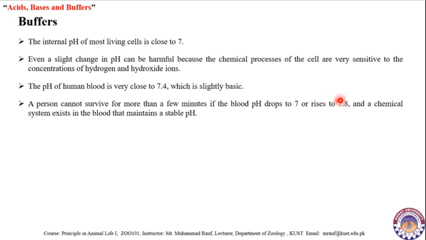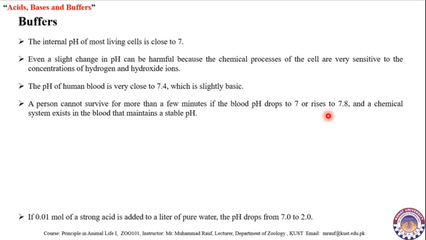So there is a very narrow range. If deterioration occurs beyond this range, then the cell or the organism is unable to survive because the important life processes going on inside are stopped or hampered considerably.